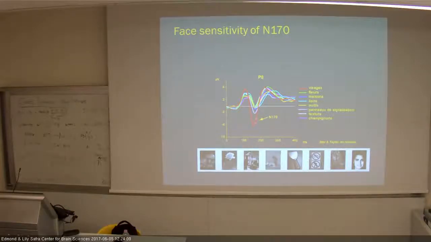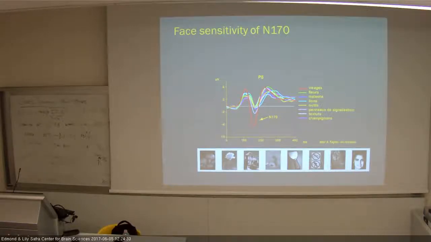That doesn't mean that our brain doesn't respond differently to other categories as well. I mean, there might be clusters of neurons which respond specifically to butterflies or to flowers or to cars or to words. There probably are, these clusters. But for some reason, it's very hard to see them when we record on the scalp. One possible reason might be that faces are more preserved over subjects.